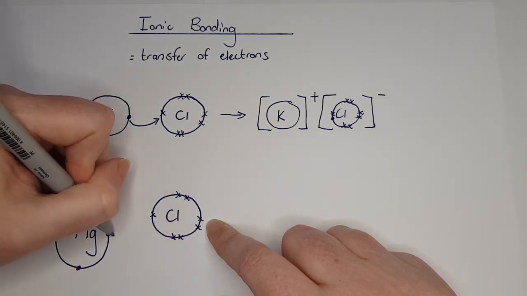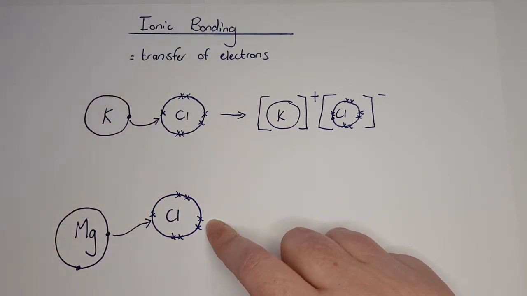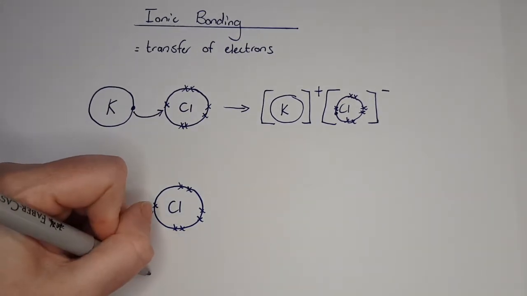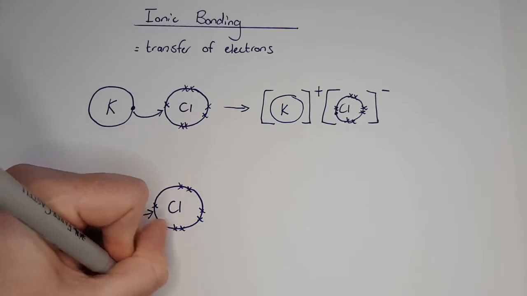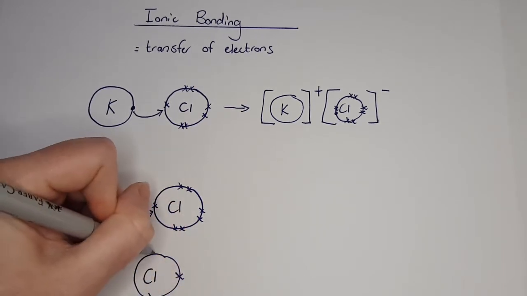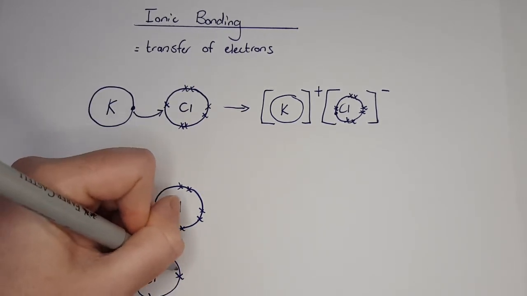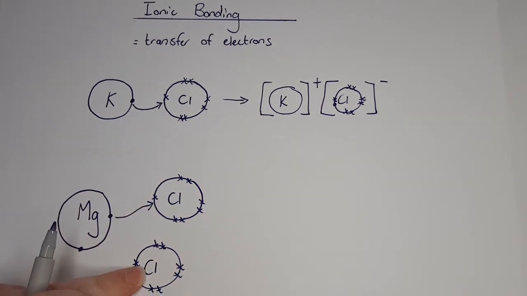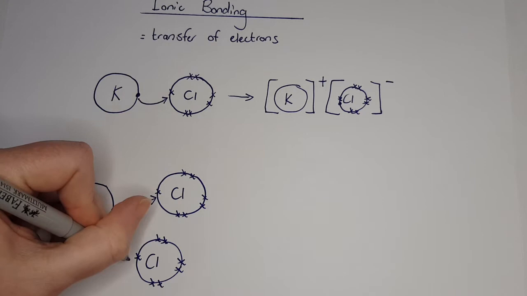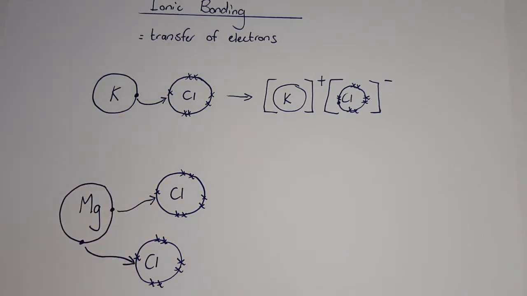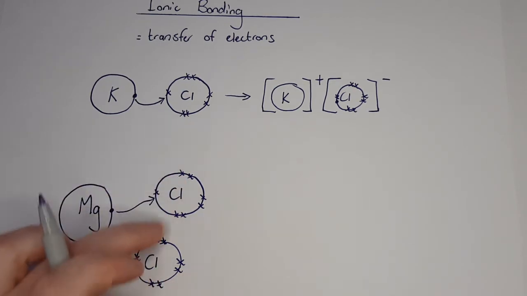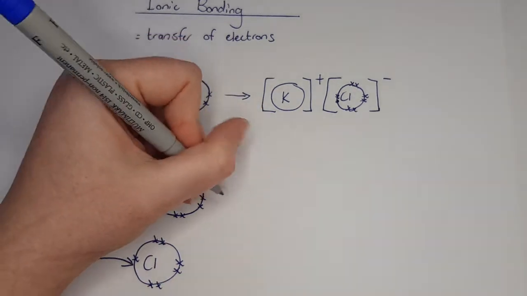So that magnesium would give its 1 to the chlorine, but now there's another one, which means there has to be another chlorine which is missing 1. And then the magnesium is going to give it to the next one. So now for one magnesium, there are 2 chlorines that are taking those electrons.